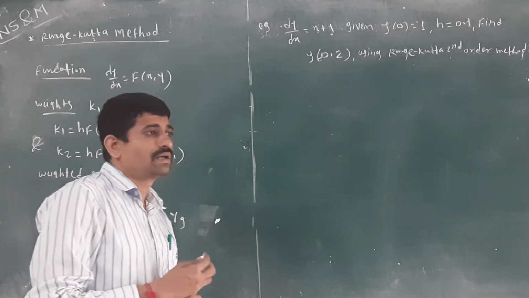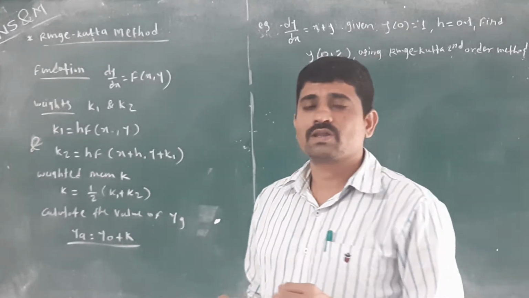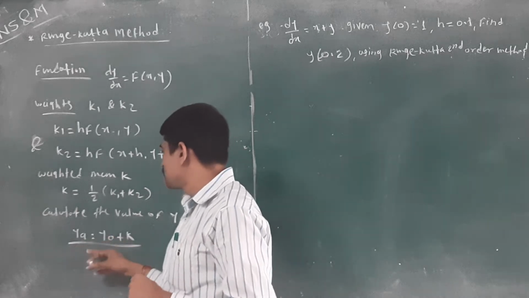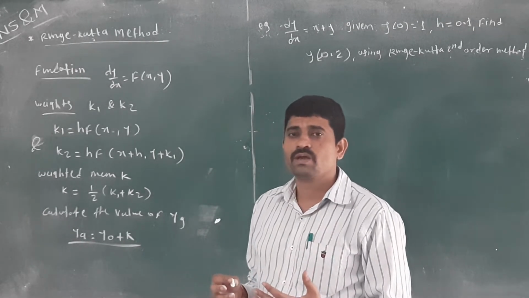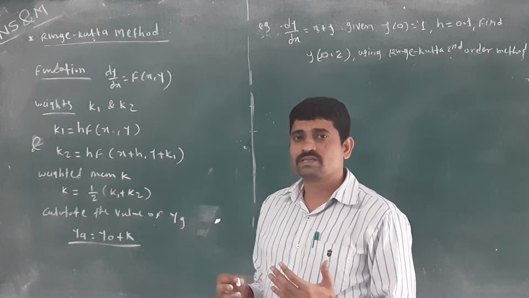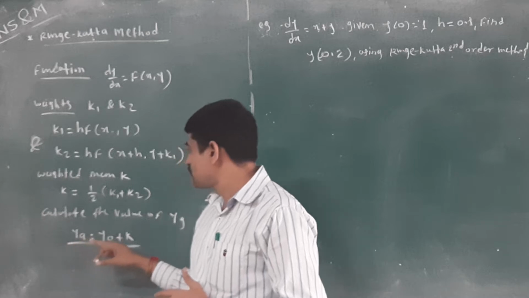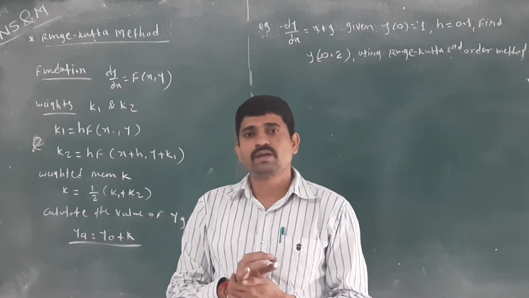We know that x1 is given, and for that x1 we want to calculate the y1 value. So y1 is y0 plus k, the weighted mean k.